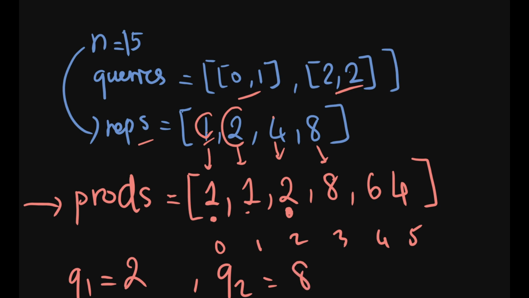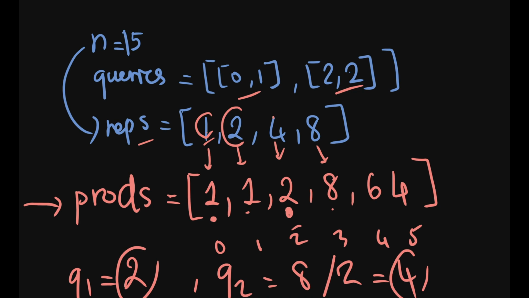So we will get 8 here, and then divide it by the left, which is 2. So 8 divided by 2, you'll get 4. So this is the value that we'll add into our final list.